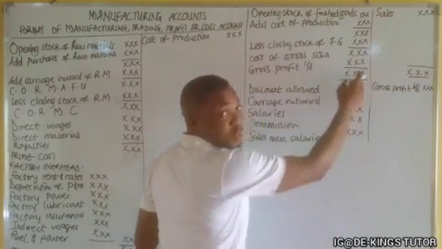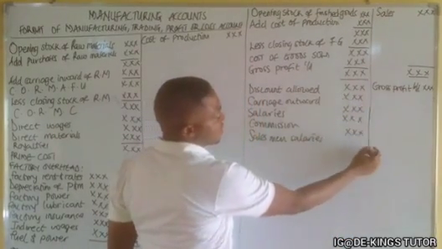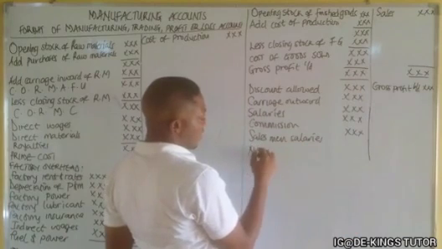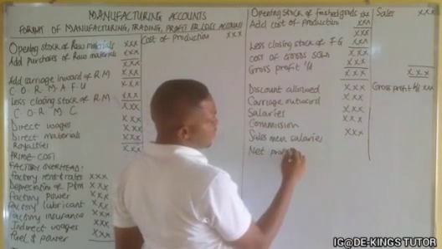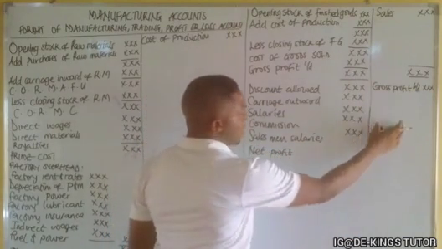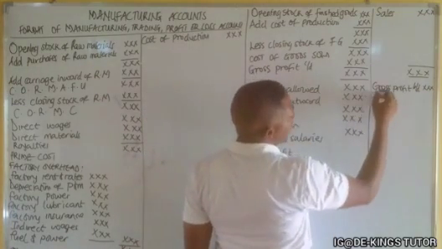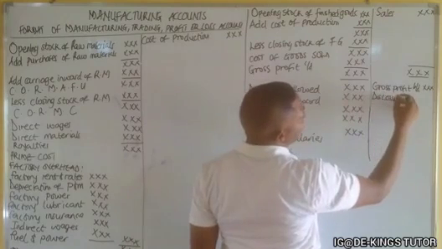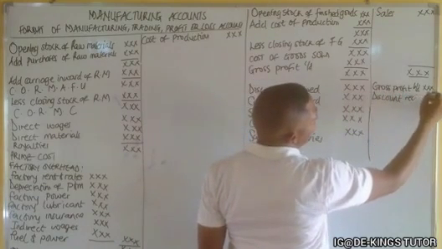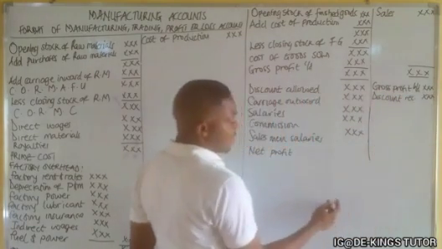Okay, so the gross profit, when you add all these expenses, gross profit minus expenses will either give us a net profit or a net loss. When this side is greater than this, you have a net profit. We can also have discount received and other income that can be added.